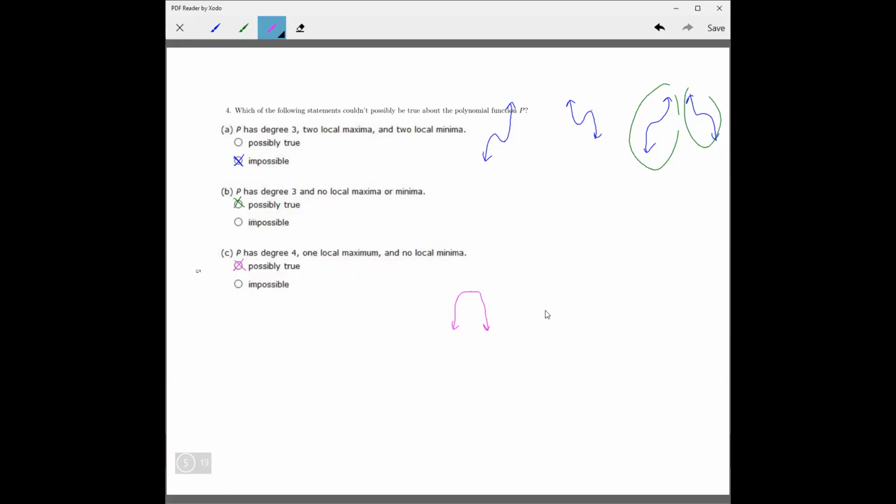Now, the typical one is where you would have something like this, with 2 local minimums in this case, or if you're doing that, then it's 2 local maximums and 1 local minimum. But this is also possible.